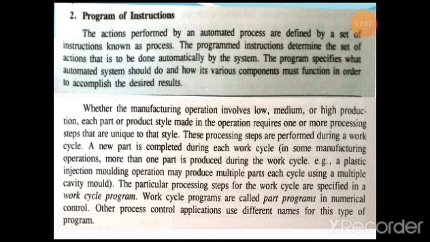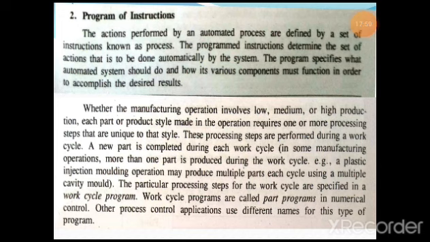Whether the manufacturing operation involves low, medium or high production, each part or product cycle made in the operation requires one or more processing steps that are unique to the cycle. See, this is very important, while describing the different types of production like low quantity, medium quantity and high quantity.